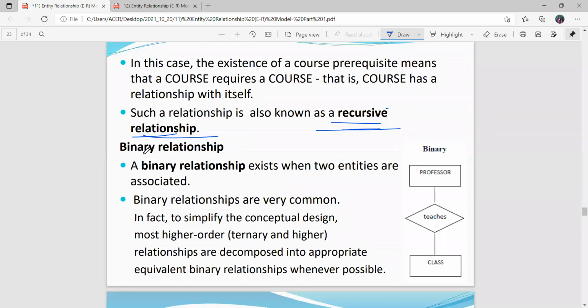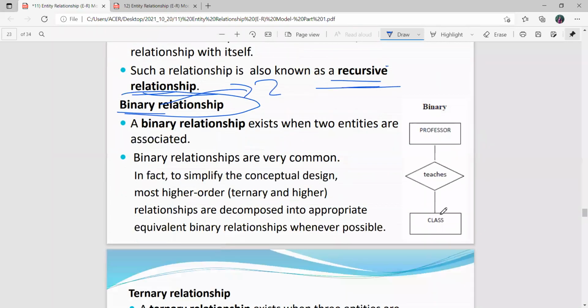When we consider binary, it means two. You can see in this relationship there are two entities that need to exist. Binary relationships exist when two entities are associated. You can see professor teaches class, there are two entities.